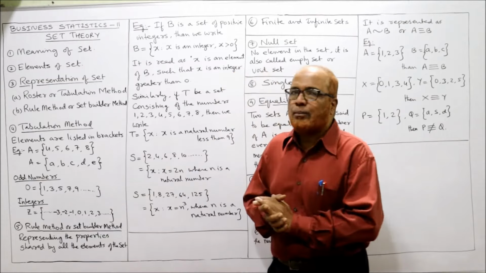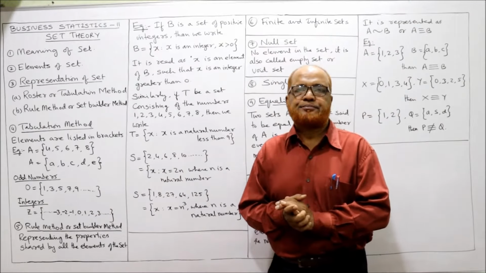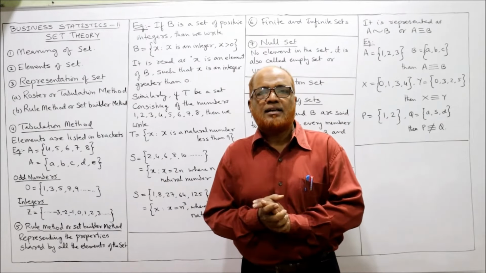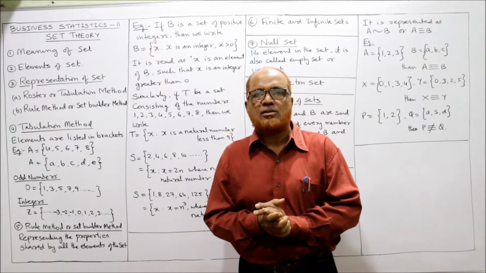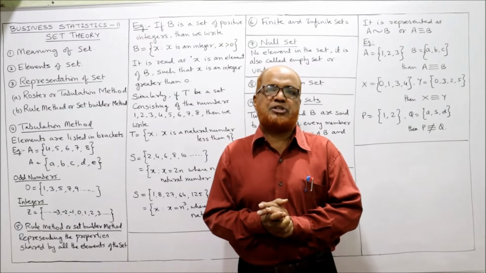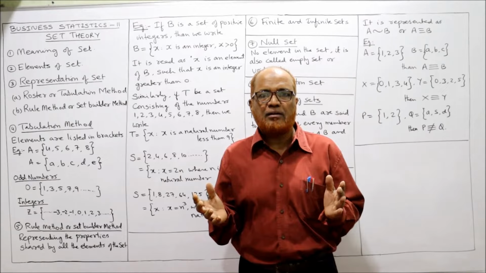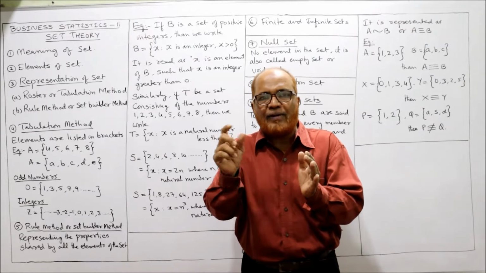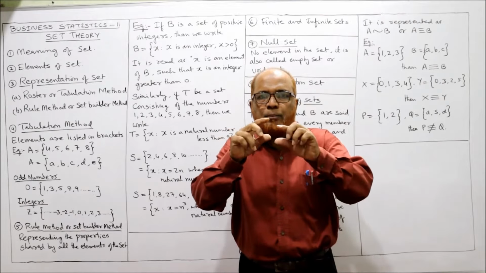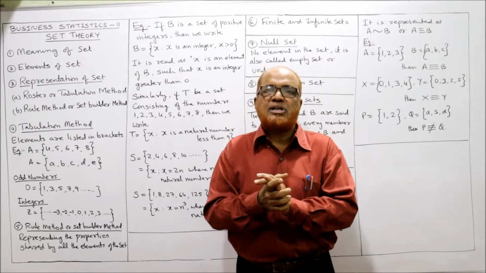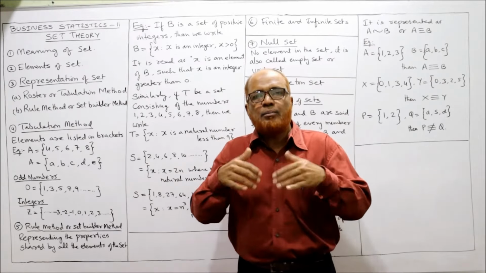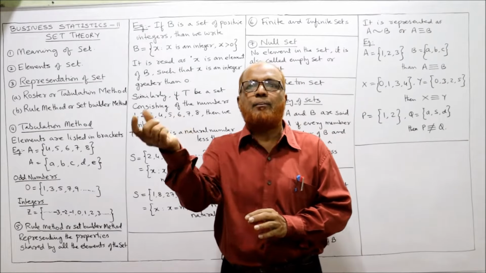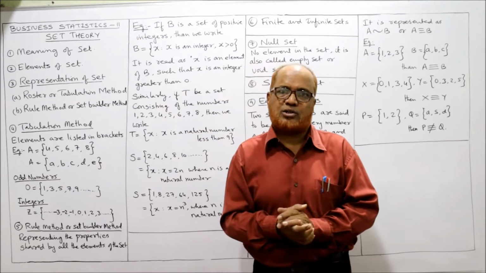I'm going to start with the meaning of the term set. A set is a well-defined class or collection of objects. So very simple meaning, it's a collection or class of well-defined objects. By putting the objects in a set, we can decide whether a particular element belongs to this set or not.